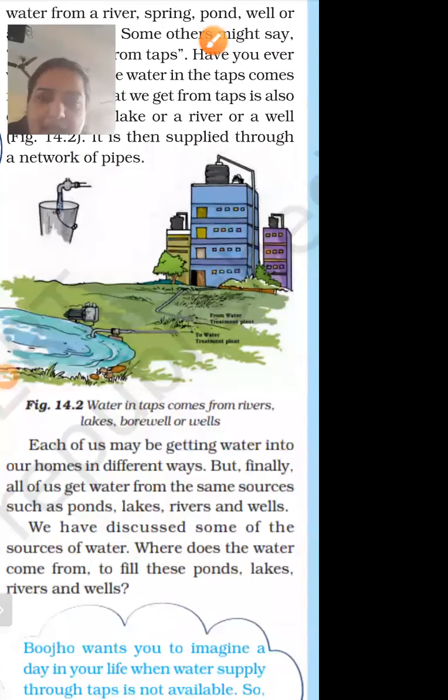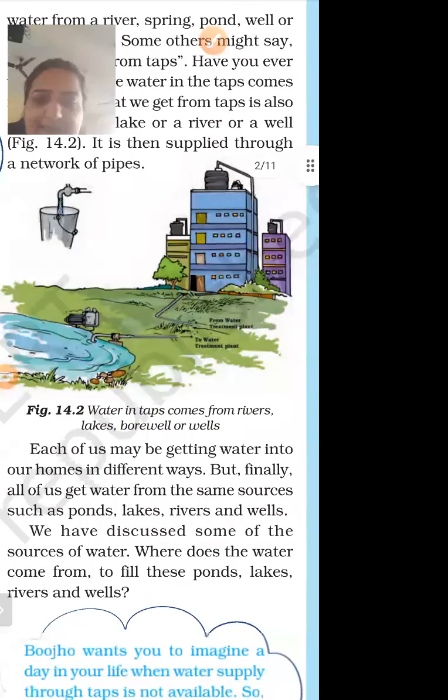We have discussed some of the sources of water. Where does the water come from to fill these ponds, lakes, rivers and wells?